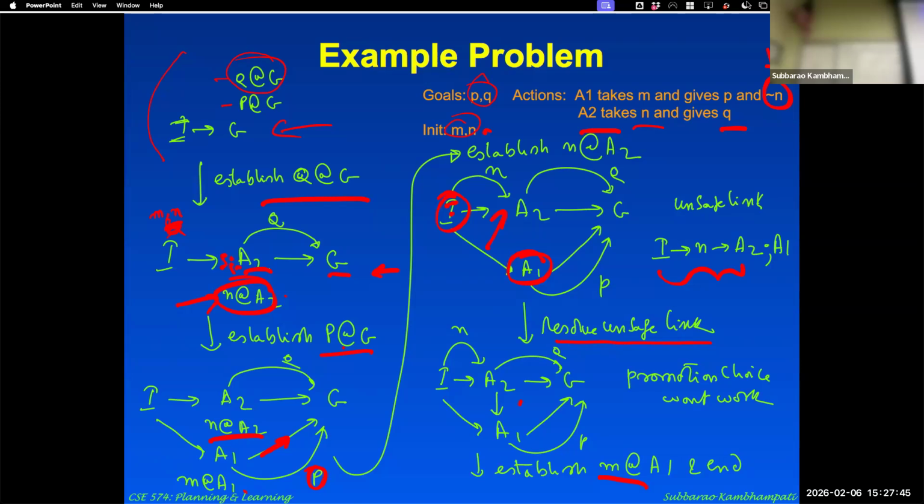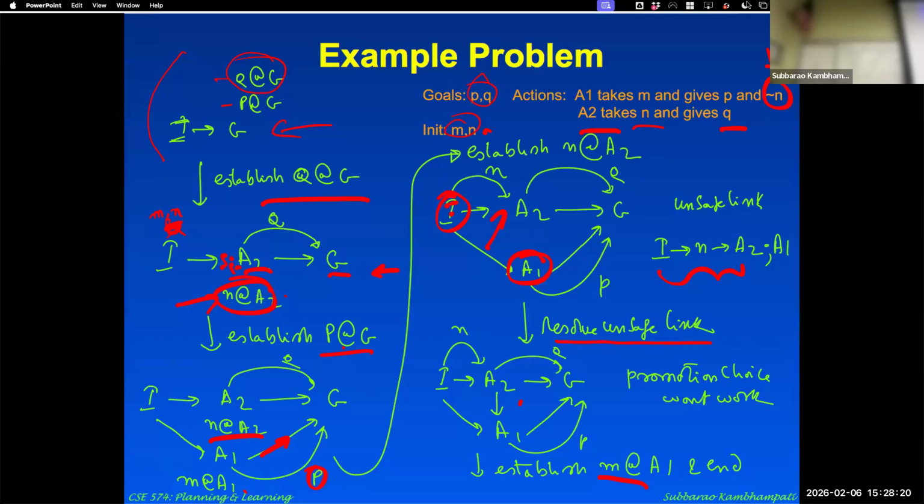The difference between this and that is that here, curvy lines are the causal links and straight lines are the ordering arrows. So now you have a partial plan saying I followed by A2, followed by A1, followed by G. Because if you do the topological sort, even though A2 is before G, A2 is also before A1, which is before G. That's the topological sort.